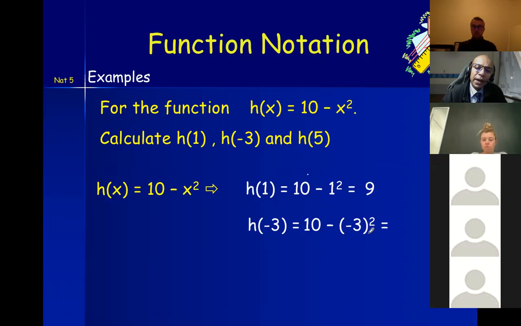Because if you don't put the brackets, you're just going to do 3 squared. But you are asked to do -3 squared. So -3 times -3, which is 9. Then 10 take away 9 should be 1. Okay? So if you don't put the brackets, you might lose the mark.